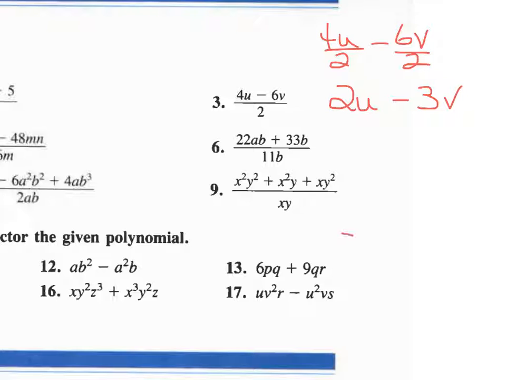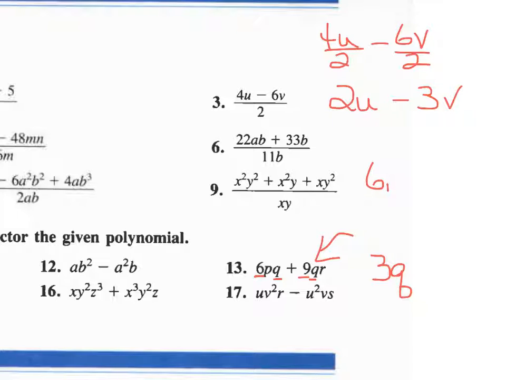When it says to factor, I would look for the greatest common factor between 6 and 9, and that would be 3. Notice they don't both have the letter P, but they both do have the letter Q. So my GCF is going to be 3Q.